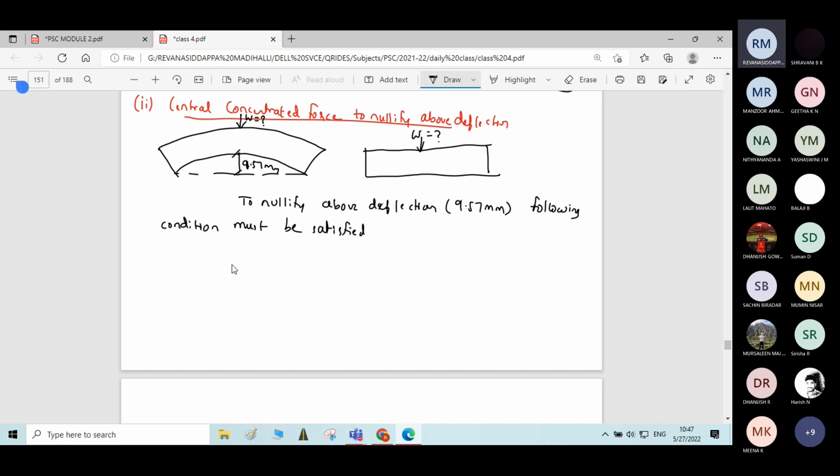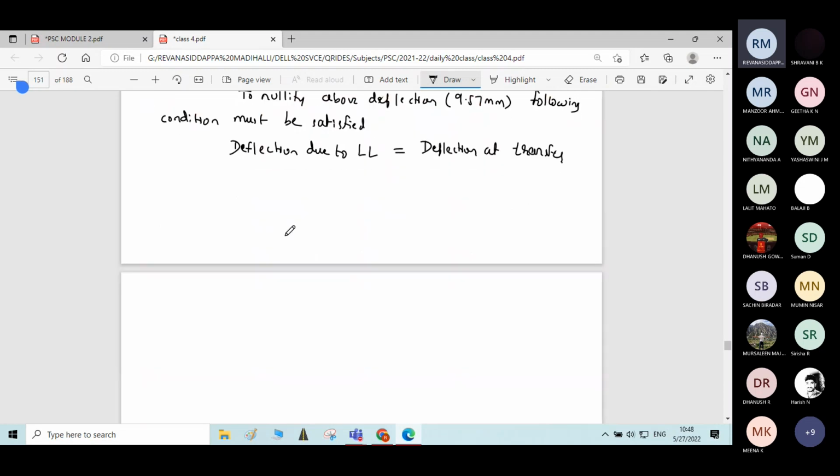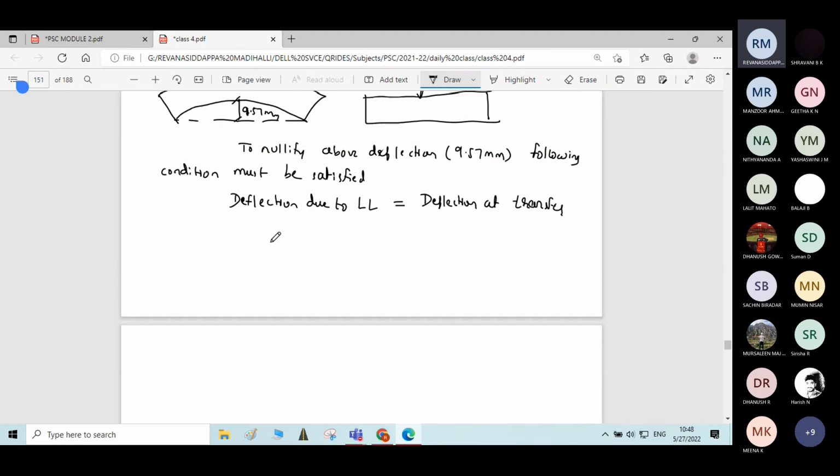What is that condition? If the deflection due to live load becomes equal to the deflection at transfer, it will get nullified. The total deflection becomes nullified. Okay. This is the condition.